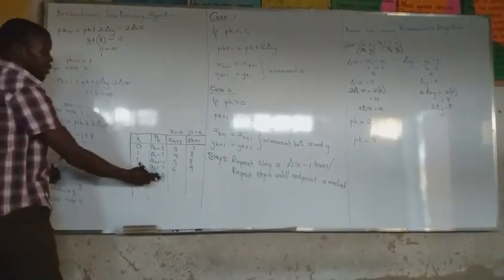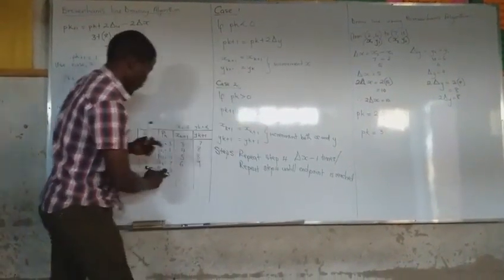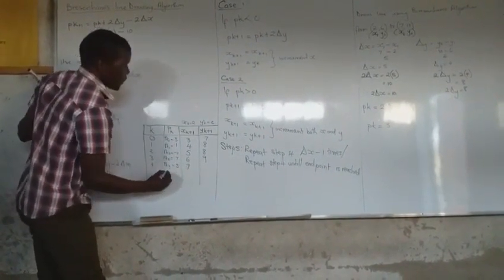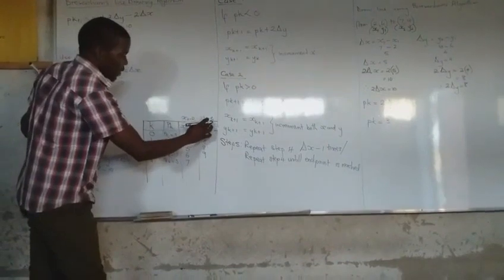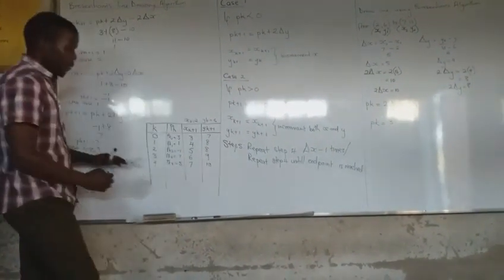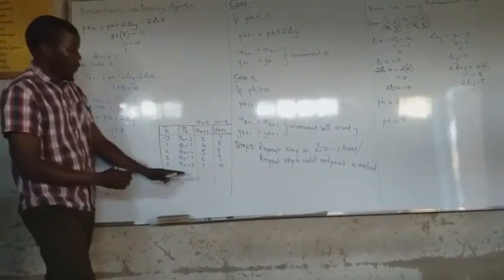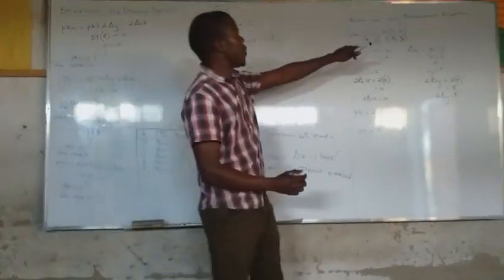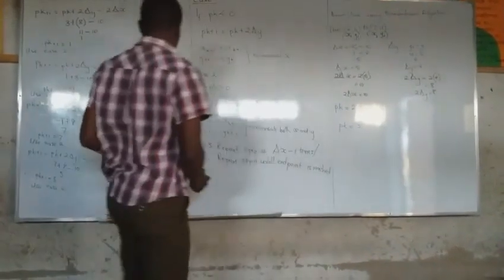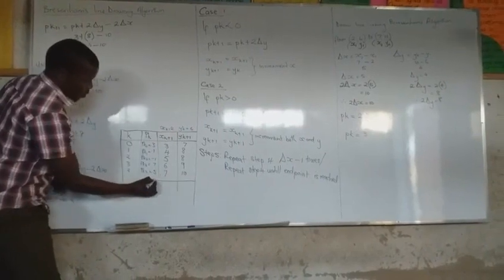So if it is greater than 0, we are incrementing both x and y. We are incrementing x plus 1, which is 7, and y plus 1, which is 10. Then this is our end point, because we are told to draw a line from 2, 6 to 7, 10. So our steps end here.